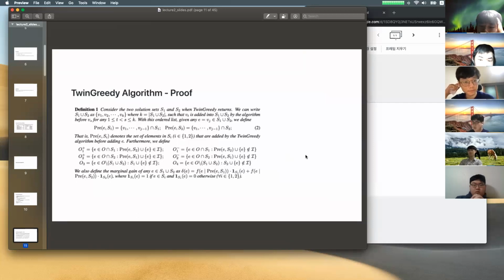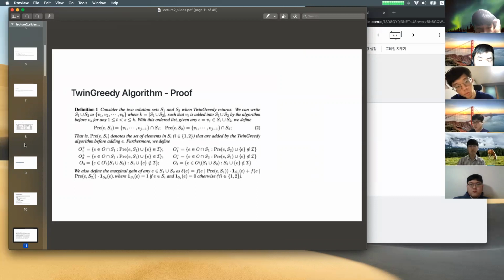First, pre(E, S1) is the set of elements of S1 added before E, and similarly we define pre(E, S2).